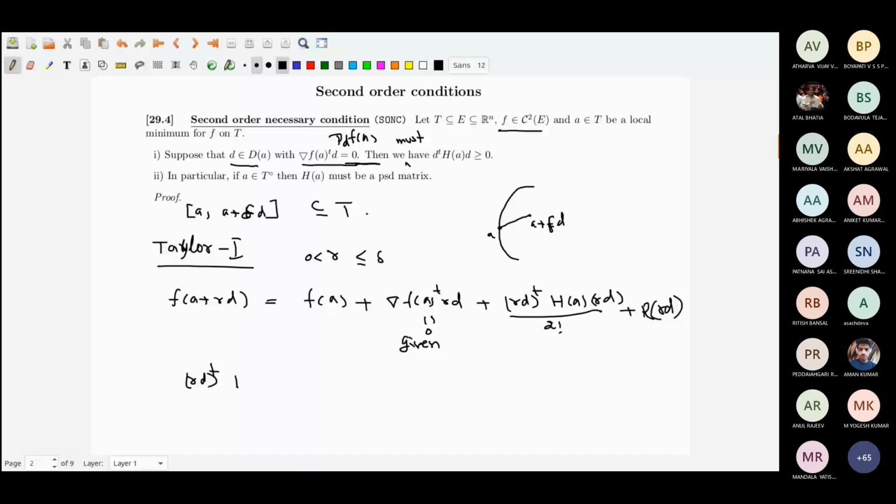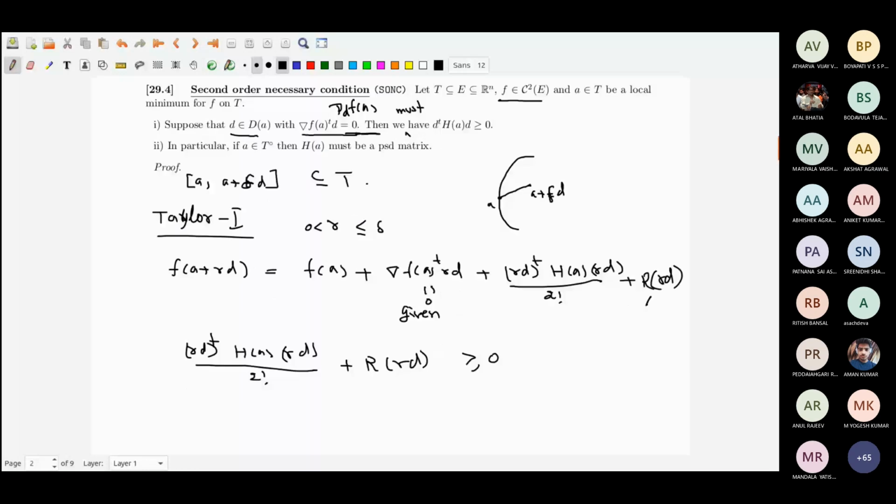And what about the remainder term? What does this Taylor series say about the remainder term? The remainder term is negligible compared to the second degree terms, because we are expanding up to the second degree. So this R(RD) is higher order compared to the second order.